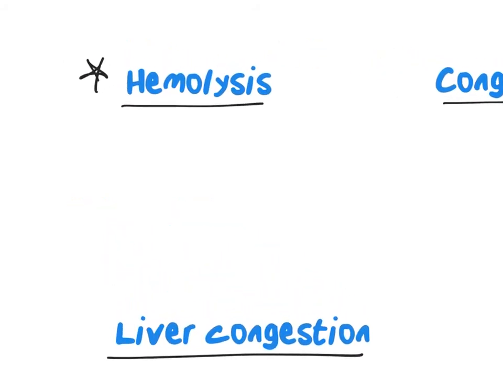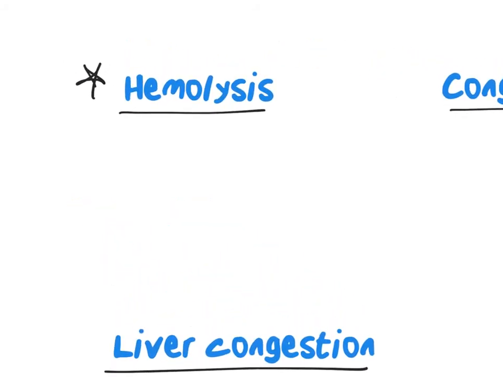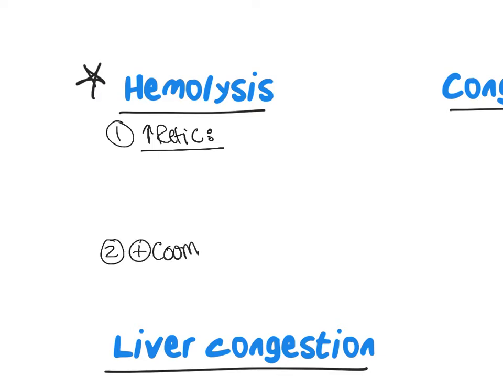So under this, I like to consider 2 different types of hemolysis. One are etiologies that cause elevated retic count only, and the other causes elevated retic with a positive Coombs test. Under elevated retic count, consider reasons why the baby might have too many red blood cells, which are turning over quickly and causing elevated production of bilirubin.